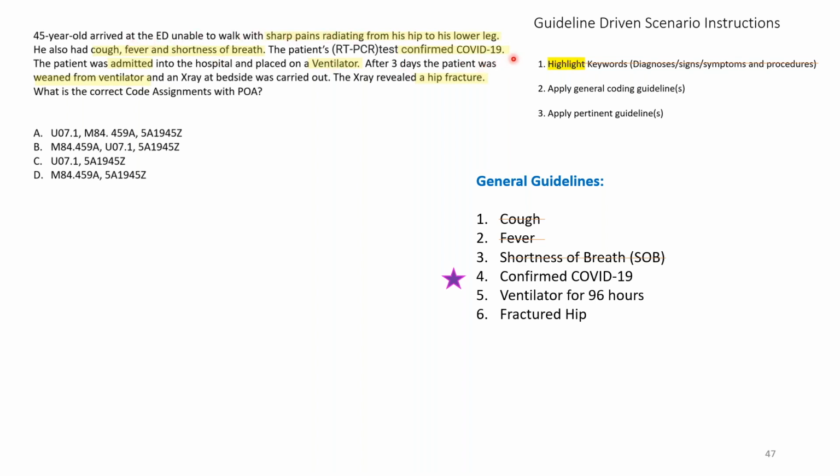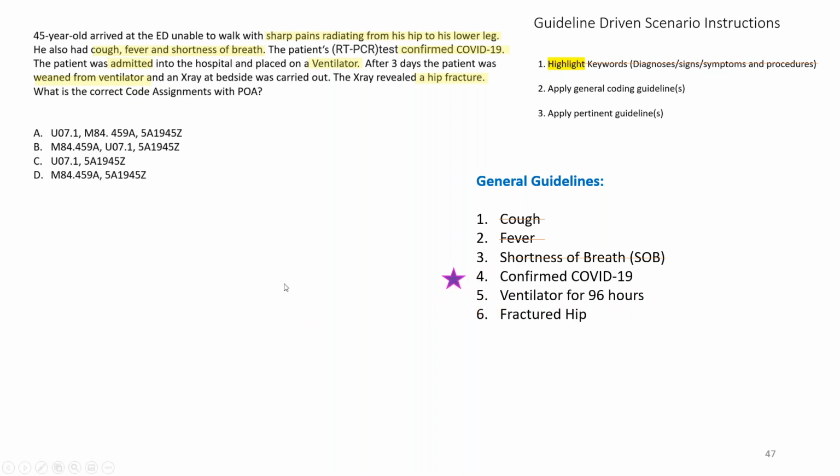Remember, this patient tested positive for COVID-19 and they admitted him, placed him on a ventilator. So that means that the COVID-19 was chiefly treated and thus the chief reason for the encounter. And also, it is related to the principal procedure, the ventilator.